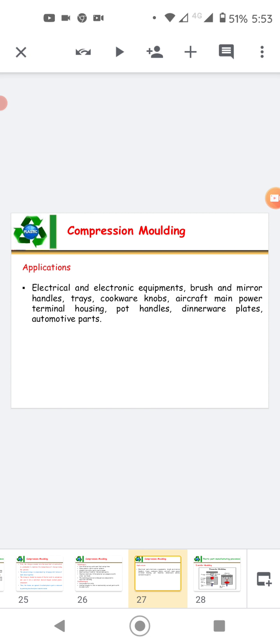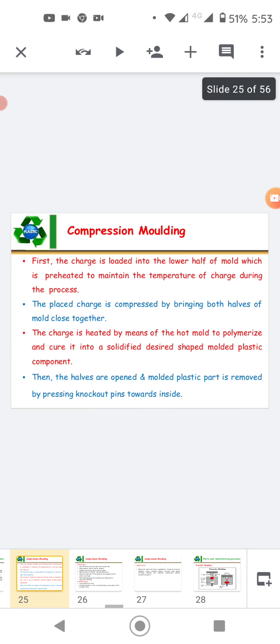The second one is the semi-positive type. In the semi-positive type, the plunger engages with the mold walls only during the last stage of its travel. In this case, excess material can escape vertically until the plunger engages with the mold, and the charge does not have to be controlled very closely.